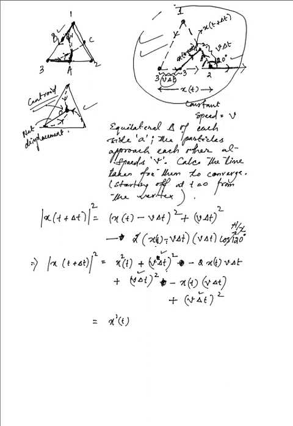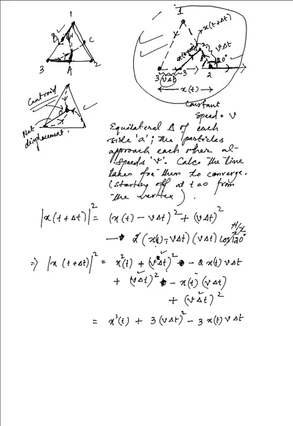So this is plus 3 (v Δt) squared. And the last bit has minus 2 times x(t) v Δt, and this is again x(t) v Δt. So minus 3 times x(t) v Δt, right?